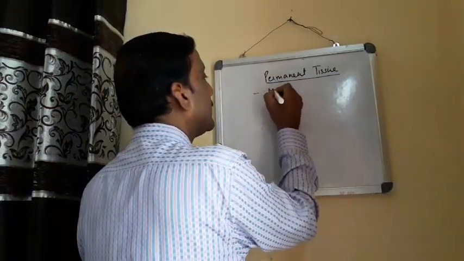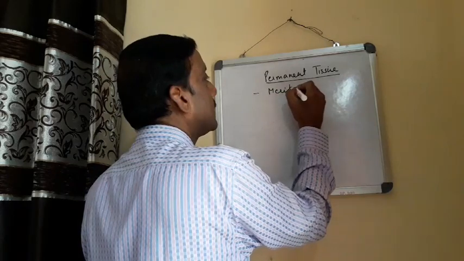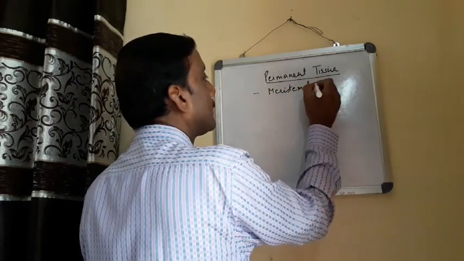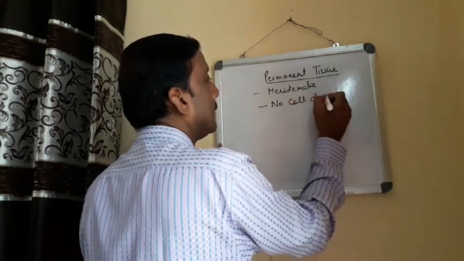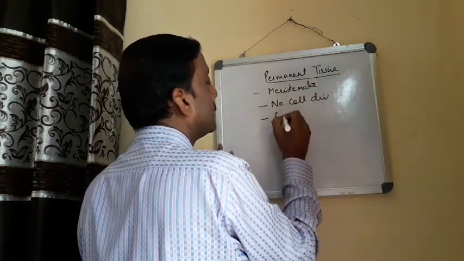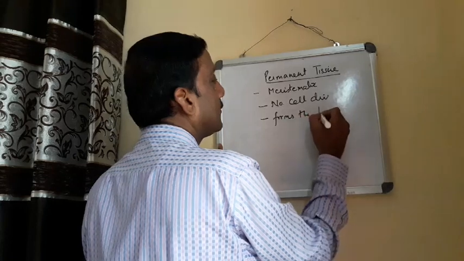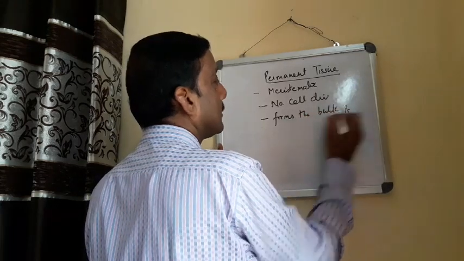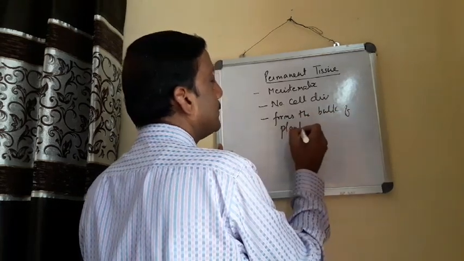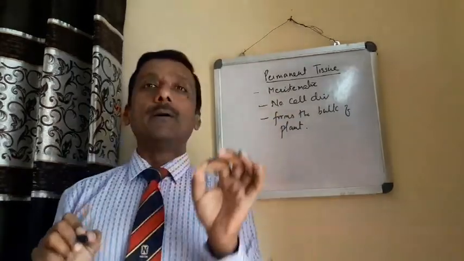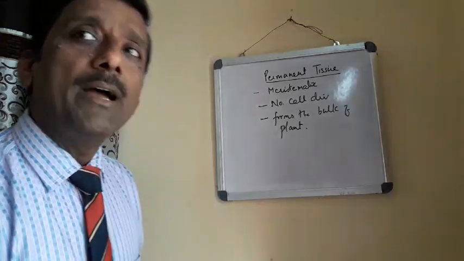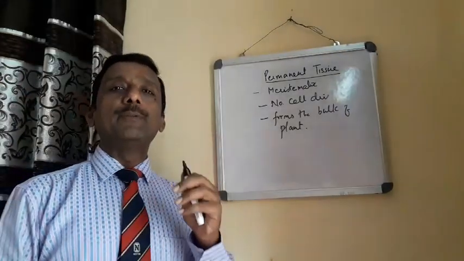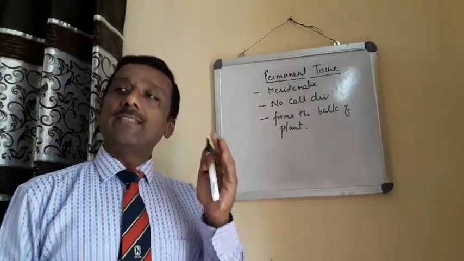Number one, it is made out of meristematic tissue. No cell division takes place and forms the bulk of plant. These are the three major characteristics of permanent tissue. Now, let us understand one by one the different types of permanent tissue, their location and their function.